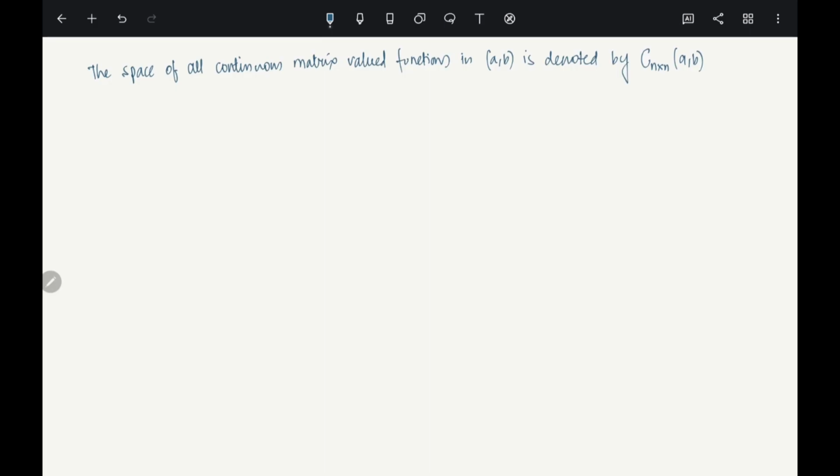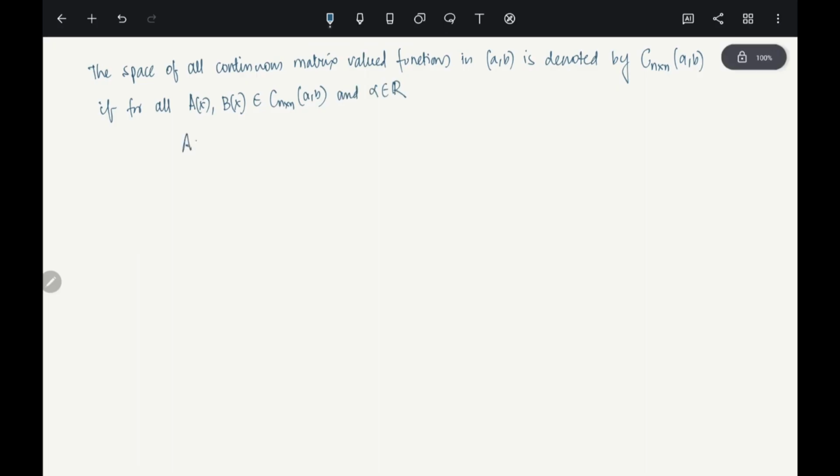Okay, and how am I defining it? If for all A(x), B(x) in C_{n×n}[a,b] and alpha in R, we can do this.